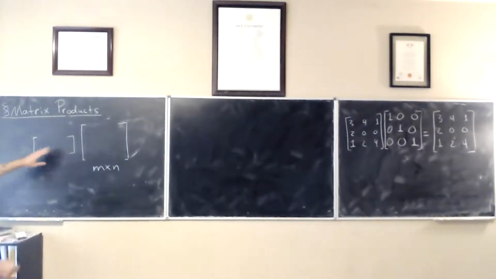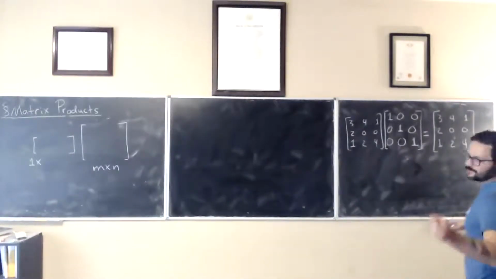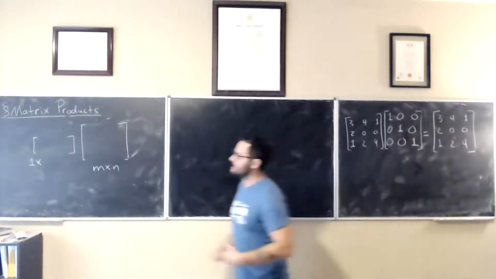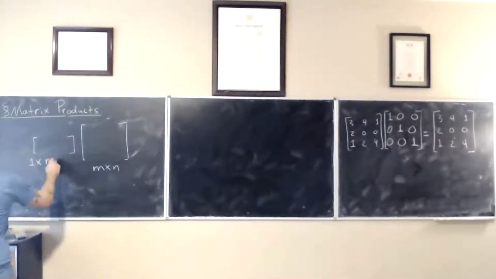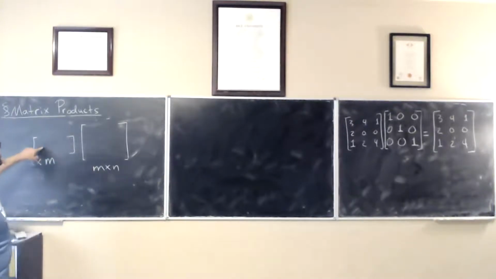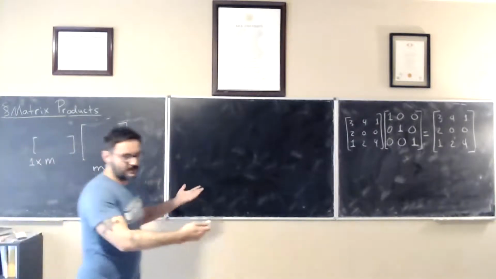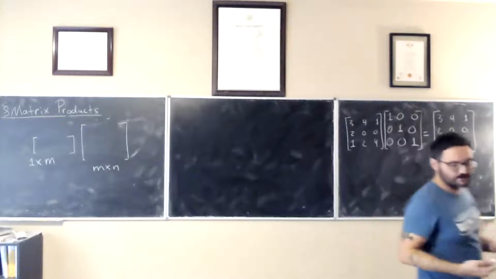You have to think of this, even though it has one row, as a matrix. How many columns do you need for this to make sense? M. Because if this matrix has m columns and this one has m rows, we're good to go. We can still define multiplication that way.